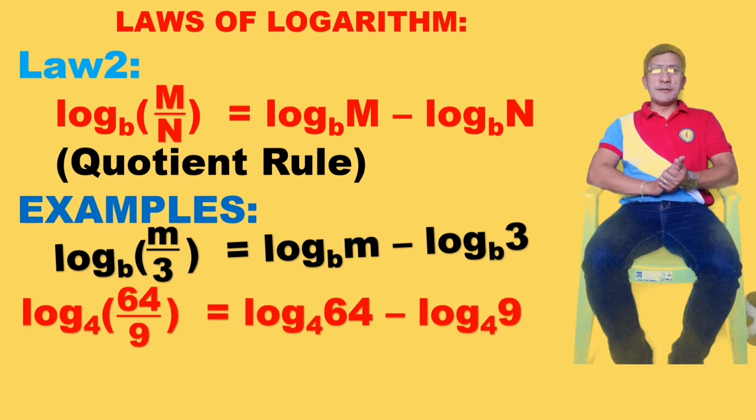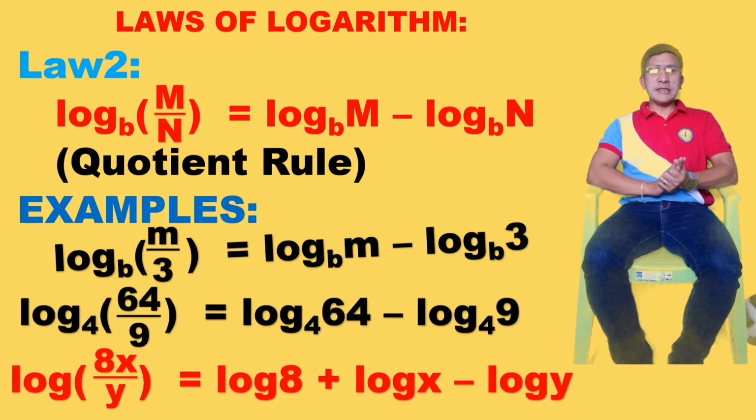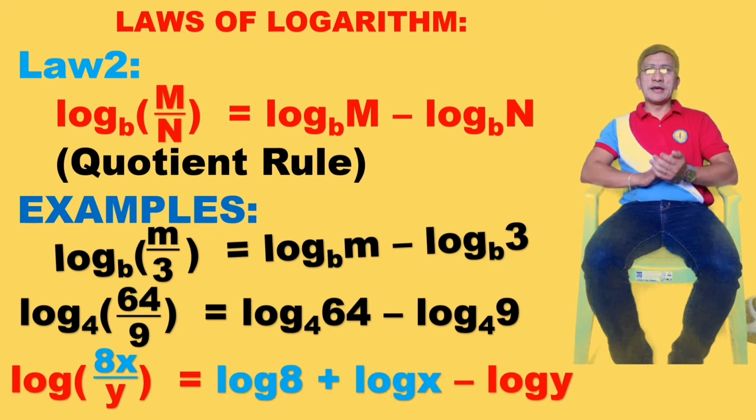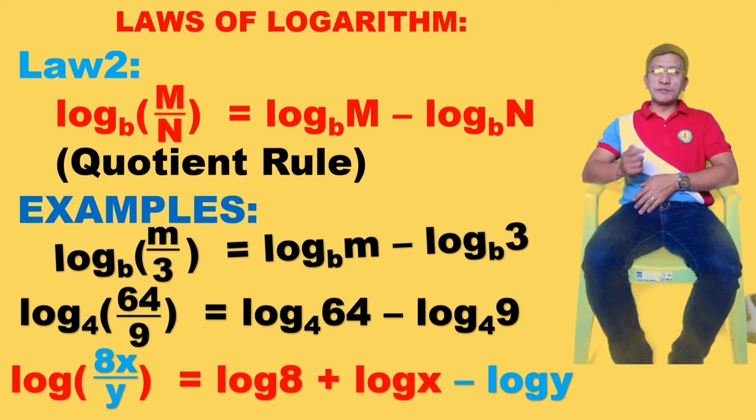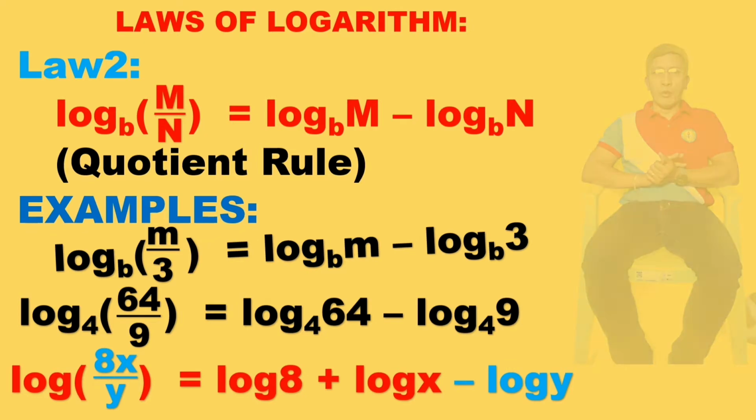Third example, log of quantity 8x over y equals log of 8 plus log x minus log y. In this particular example, we combine two laws. 8x is product rule, over y is division or quotient rule. That's why we added log 8 and log x, then subtracted log of y.